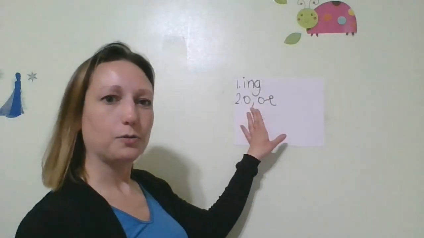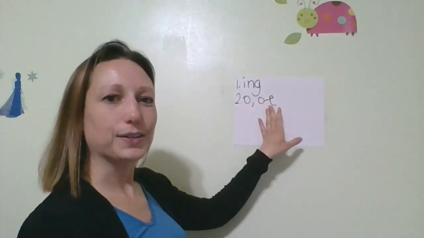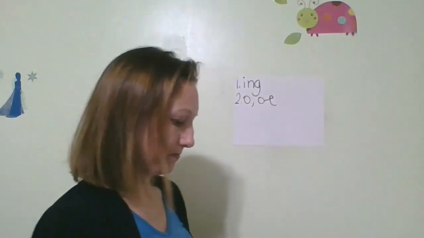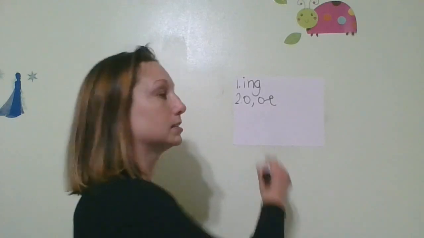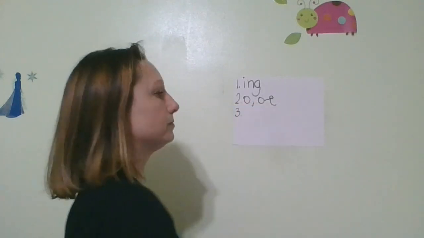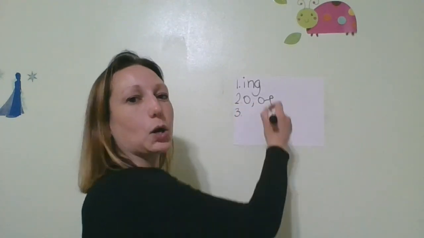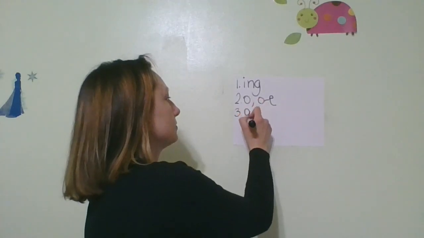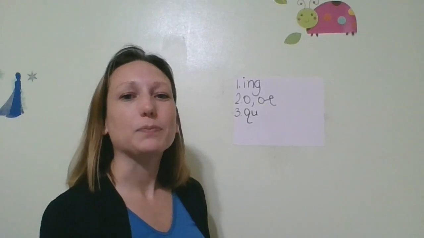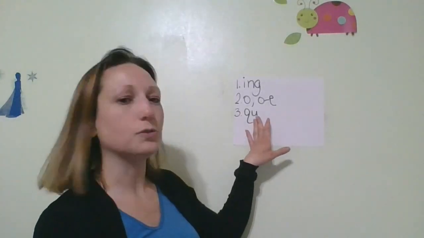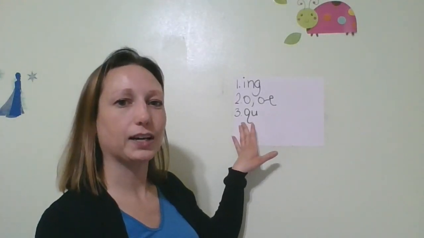You have O, and you have O consonant E. Number 3, 1 way to write qu. And how do we write qu? QU says qu, because when we write words, the U always comes after the Q.